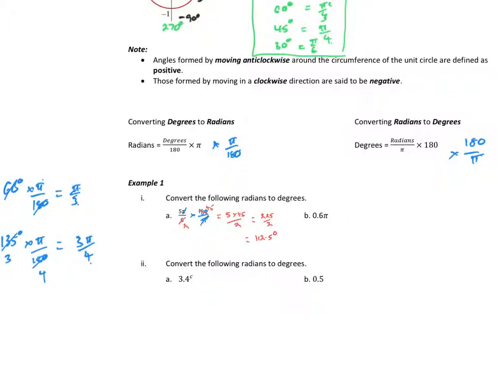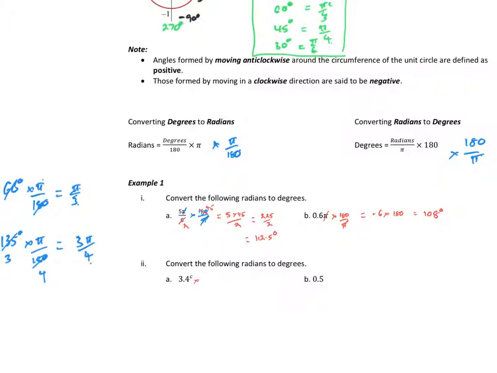If I want to convert this into degrees, multiply by 180 over pi. The pi's cancel. I just get left with 0.6 times 180. 6 18s are 108, so it's 108 degrees. All right. If I want to convert these radians into degrees, the little symbol is a radian.